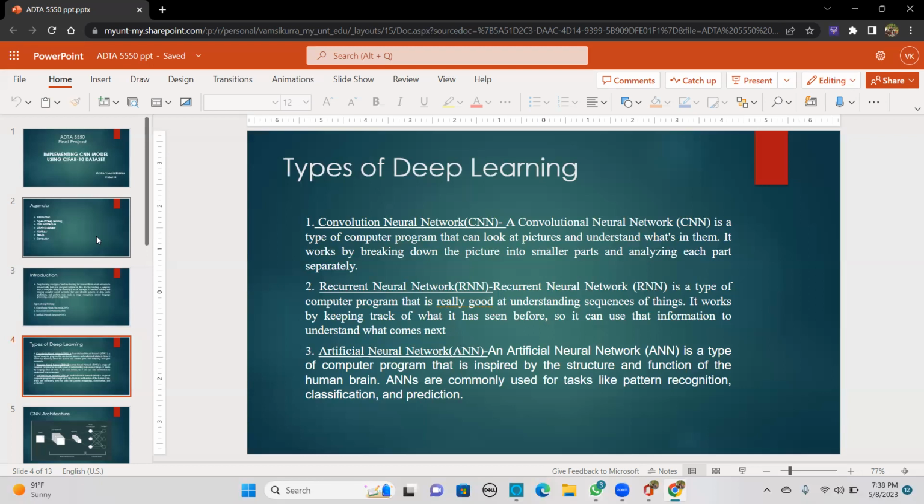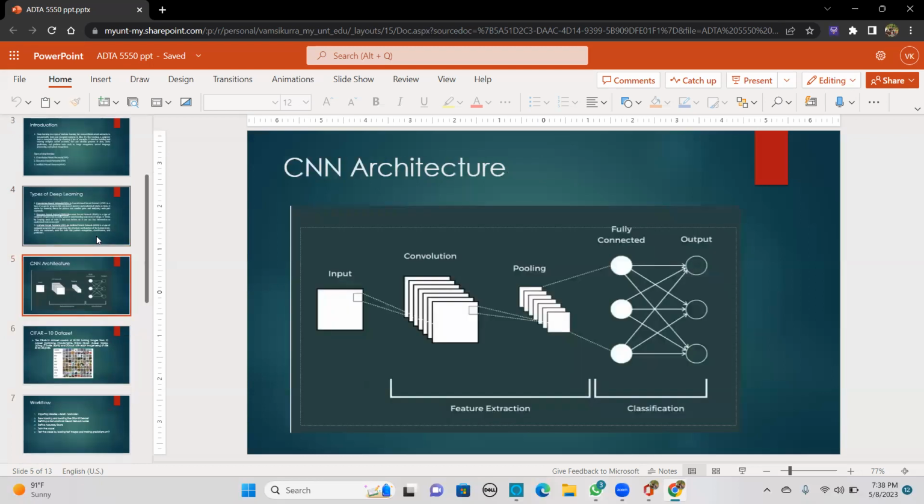An artificial neural network is a type of computer program that is inspired by the structure and function of the human brain. Artificial neural networks are commonly used for tasks like pattern recognition, classification, and prediction. And this is the CNN architecture.